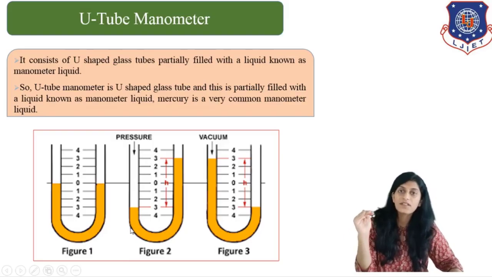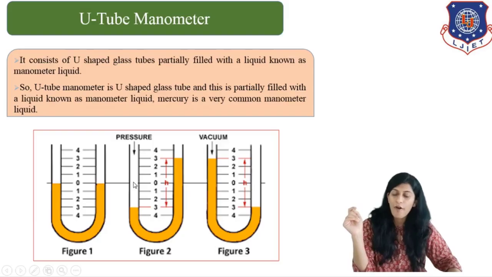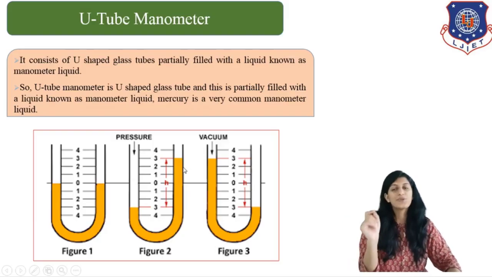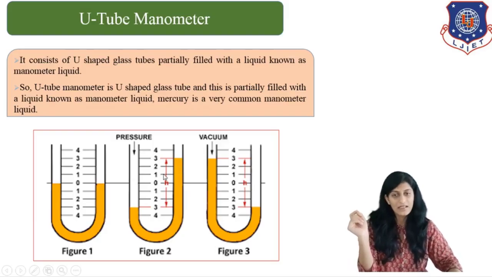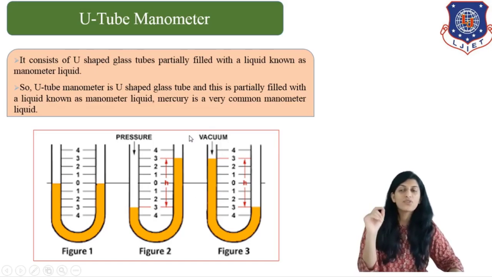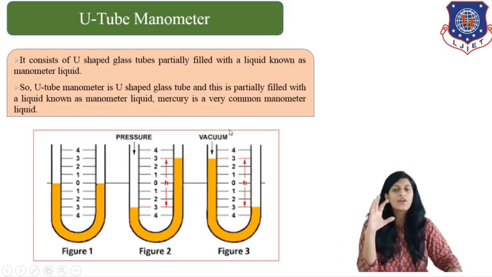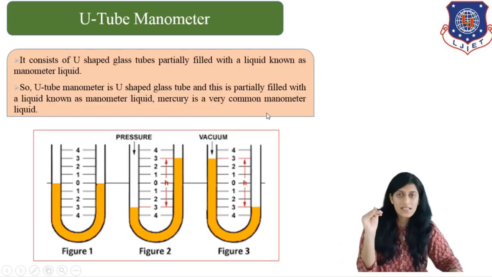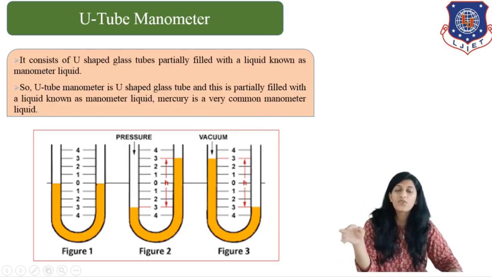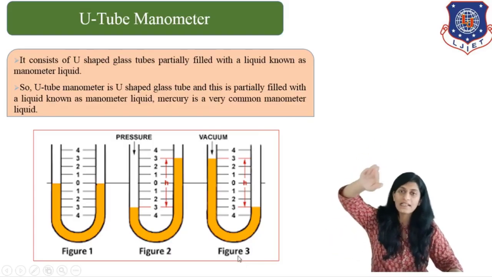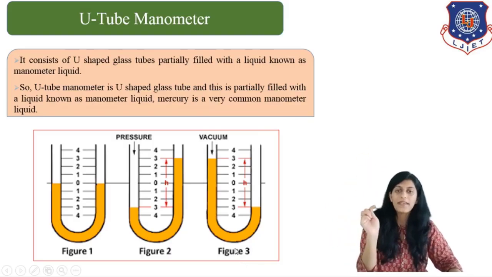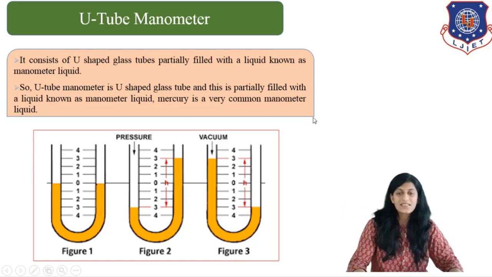It will suffer a displacement, and the displacement in height from one limb to the other is utilized to determine the pressure. When you attach the manometer to a vacuum, the manometric fluid will try to move to the limb which is attached to the vacuum equipment. So this is the simplest form of equipment.